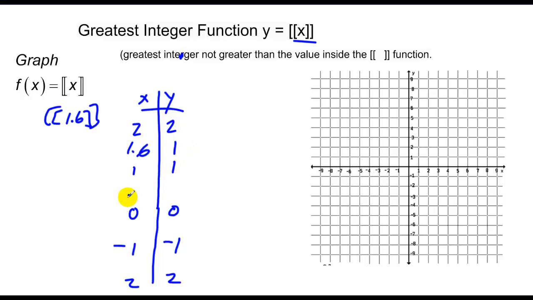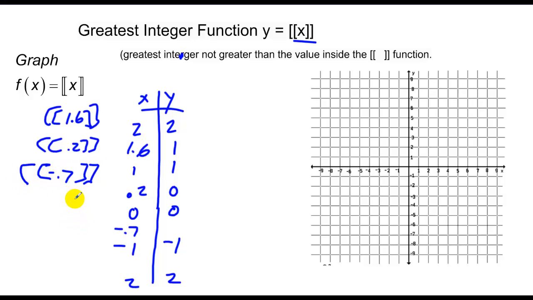If I plugged in the number 0.2, then the integer not greater than the decimal 0.2 is actually 0. When I plug in -0.7, the integer that is not greater than -0.7 can't be 0 because 0 is greater than -0.7. This must be -1.